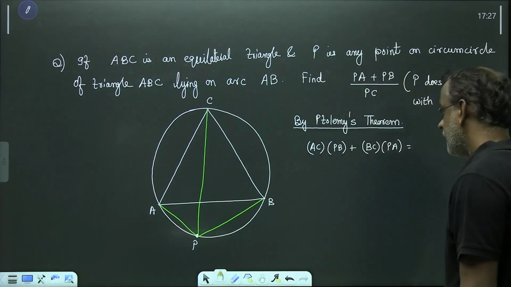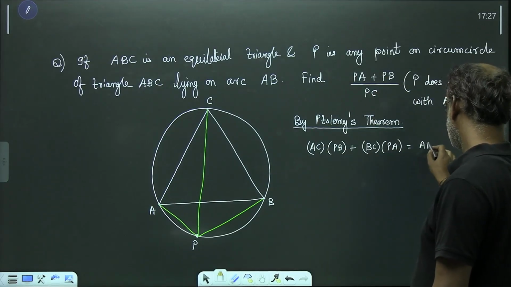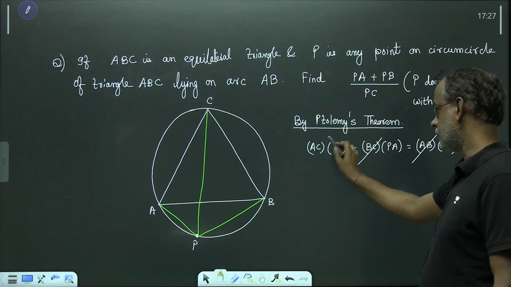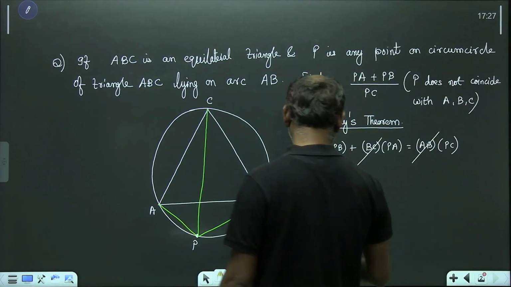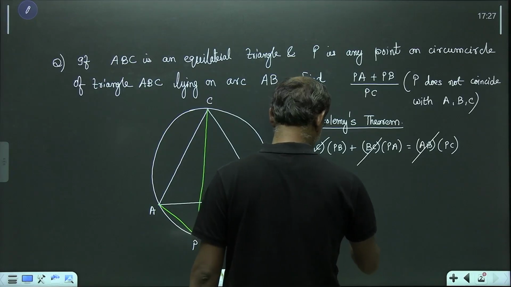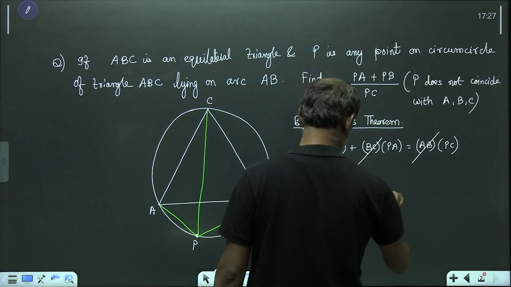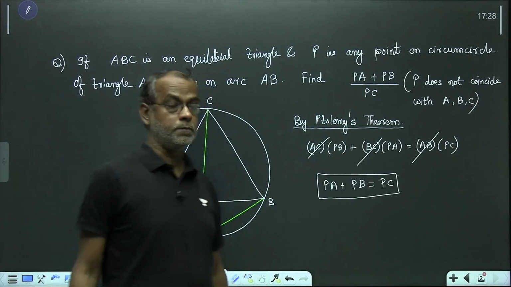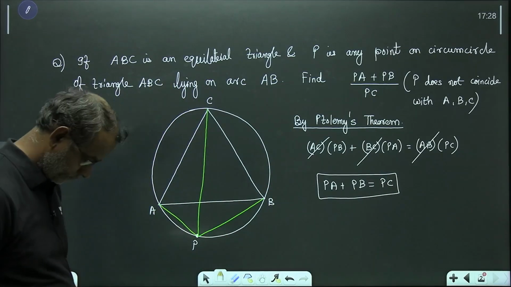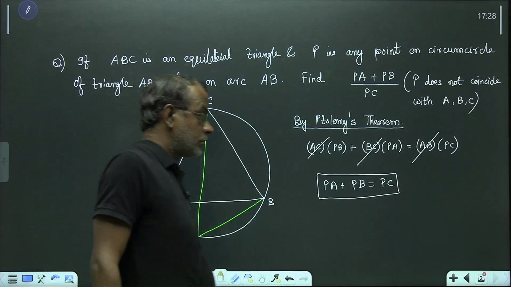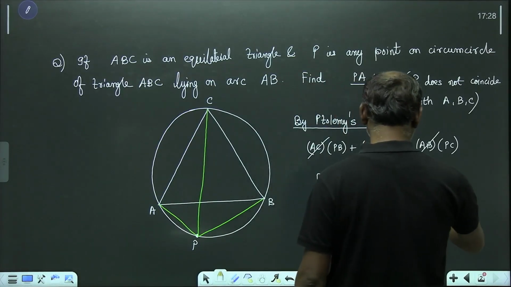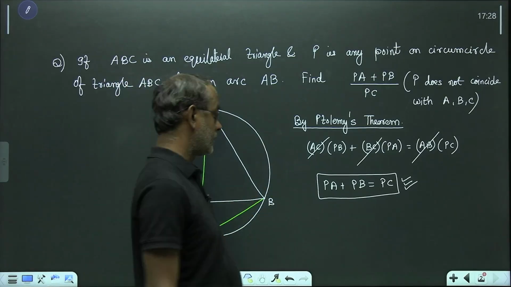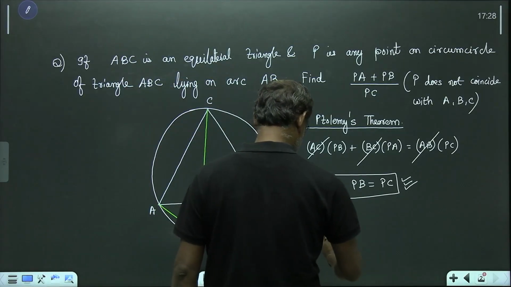What is that here? AB into PC. So, since it is an equilateral triangle, PA plus PB is PC. So this is what we have got. Now insofar as the question is concerned, the answer is 1.